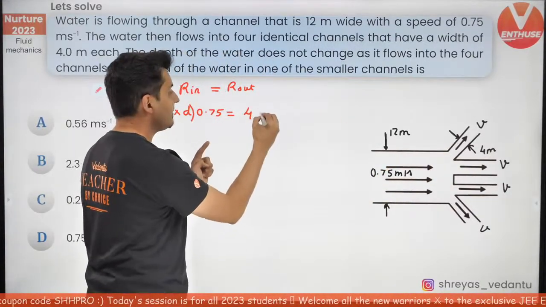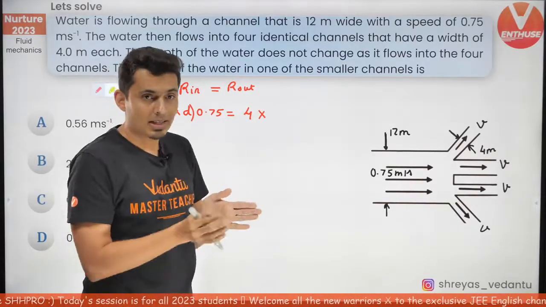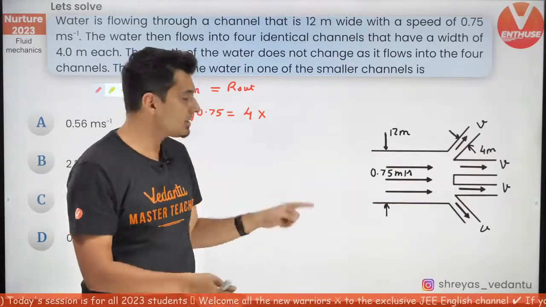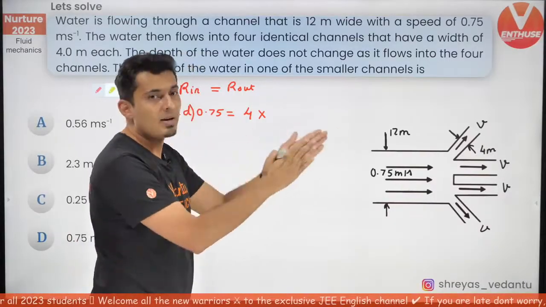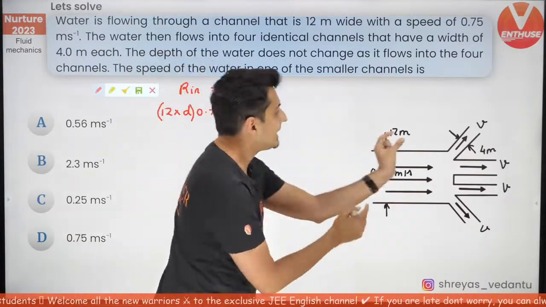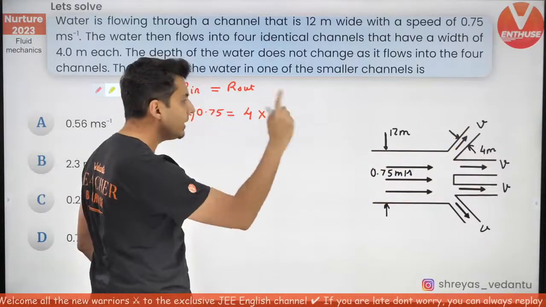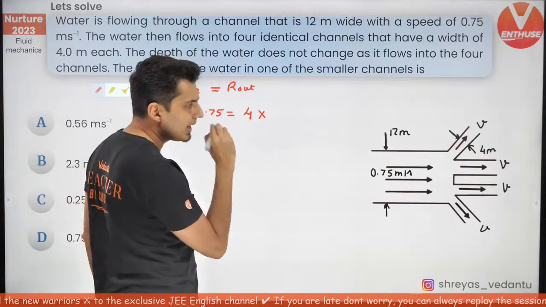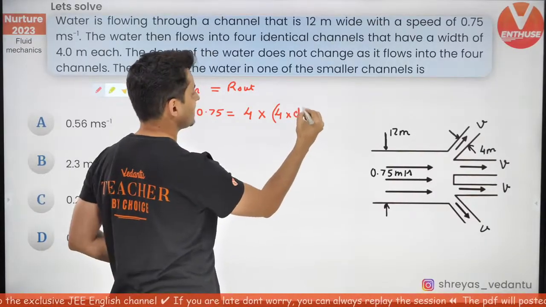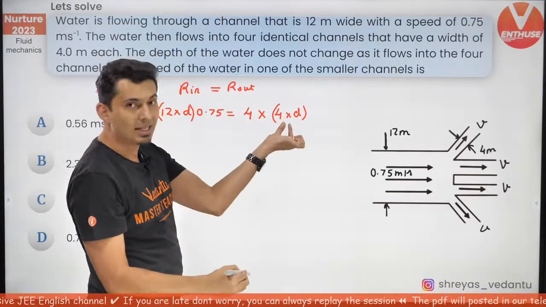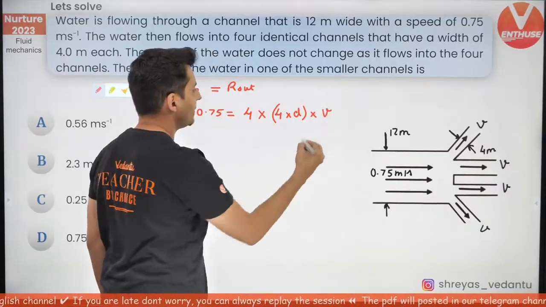So I'll multiply this by 4 because it's branching out into 4 parts: R1 plus R2 plus R3 plus R4, all of them are equal. Each volume flow rate will be area, which is 4 into the depth D, into V, of course.